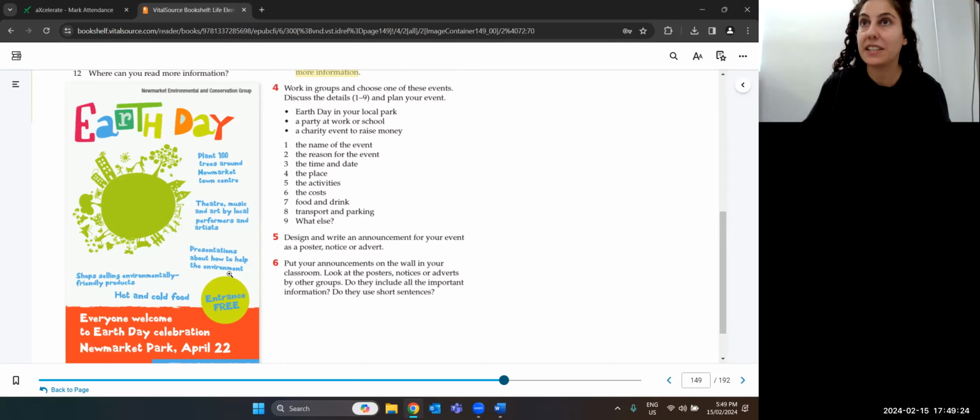If you can see in our textbook, it says here, we don't normally write full sentences on announcements, such as posters or notices. Even if you do this online, you can use Canva, which is what I was showing you before. Even here, you can still see it allows me to pick one and then I can just add in the information that I want to.